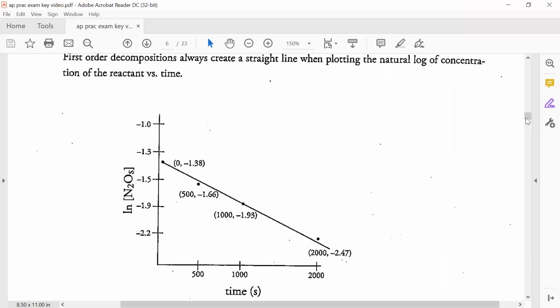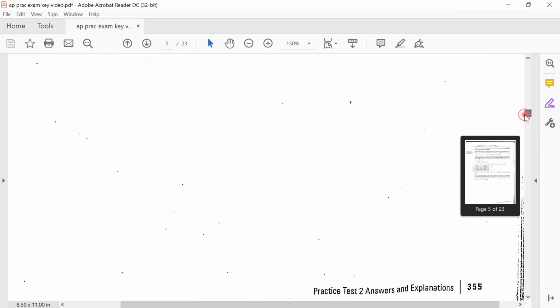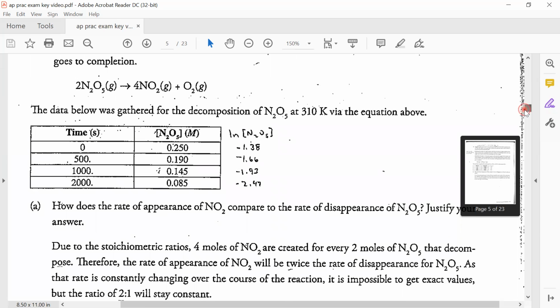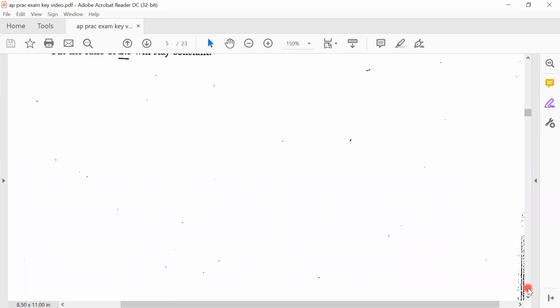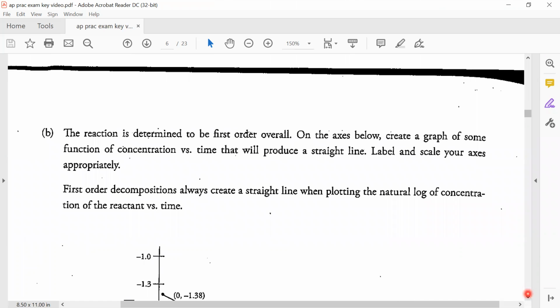So I'm going to go back here a little bit and just look at our values that we had. Notice I took these amounts and then I took the natural logs. Then I'm going to plot these numbers on the vertical axis with these numbers on the horizontal axis, and it'll look something like this.